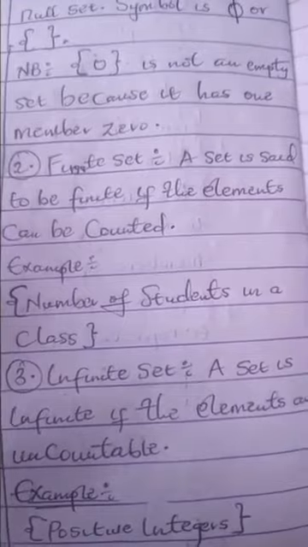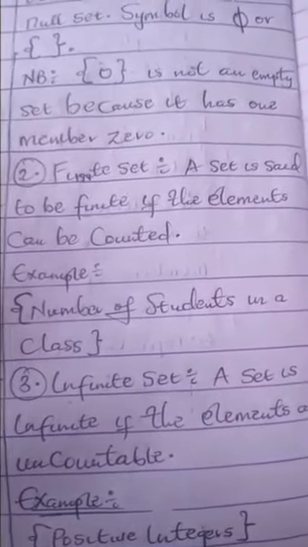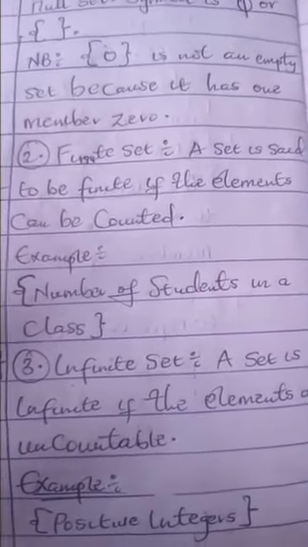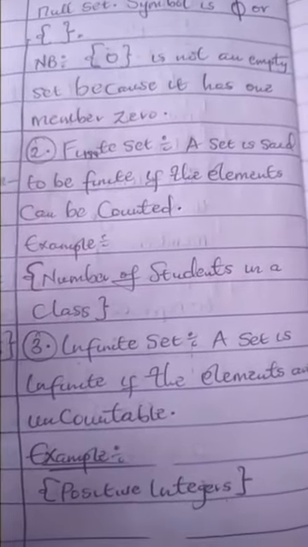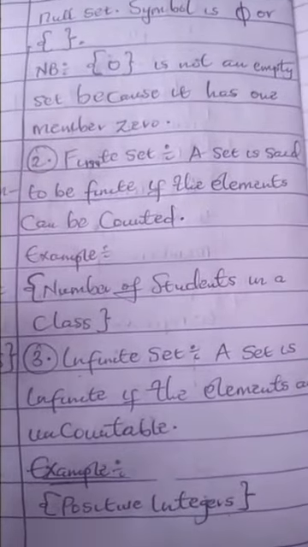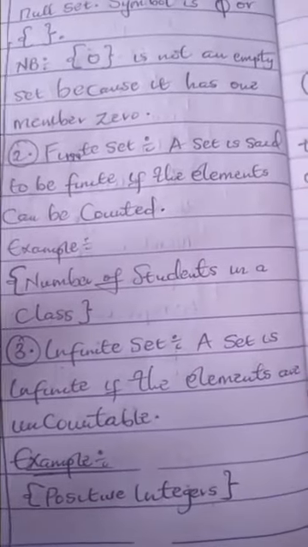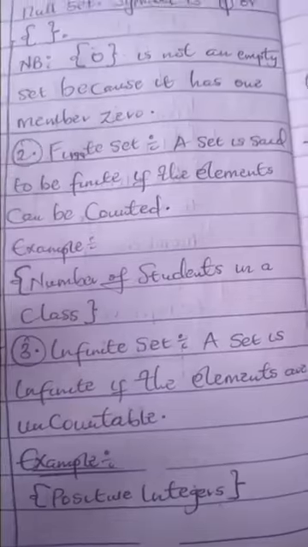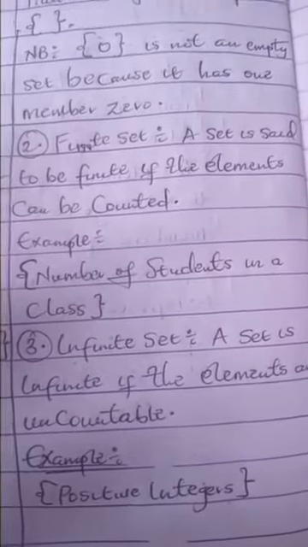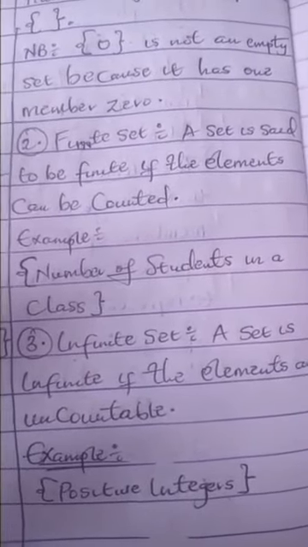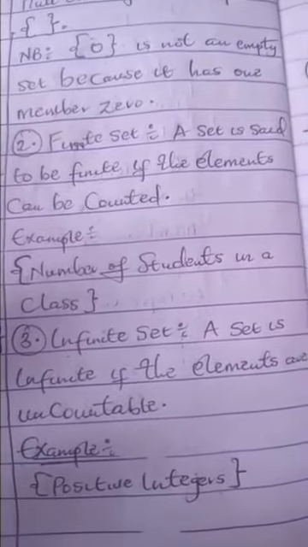You can count and count till infinity, right? Now, an example of a finite set is the number of students in a class. For example, in our secondary school, we might have a number of students in our class. That is a finite set because we can count the number of persons in that class. It has a definite end.